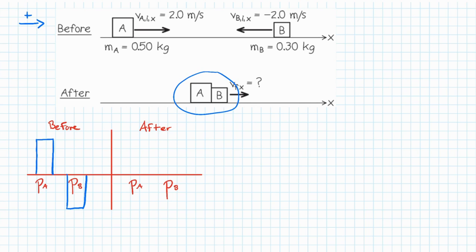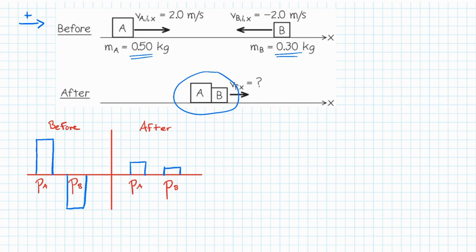And after they combine together, they are going to move to the right, which means that they're going to have a positive momentum afterwards. And one thing I'm going to notice is that because A has a bigger mass than B, and they're going to be moving the same speed, I know that A is going to need to end up with a bigger momentum than B.